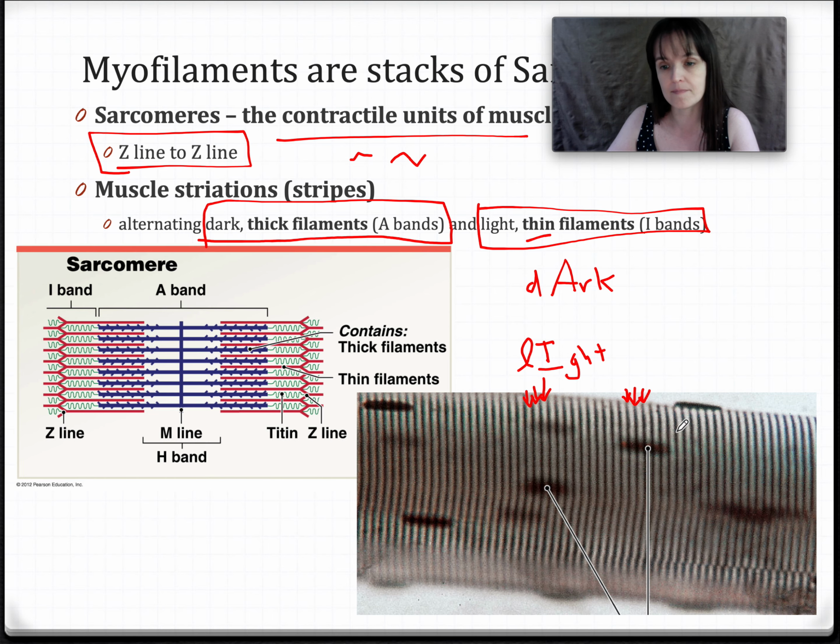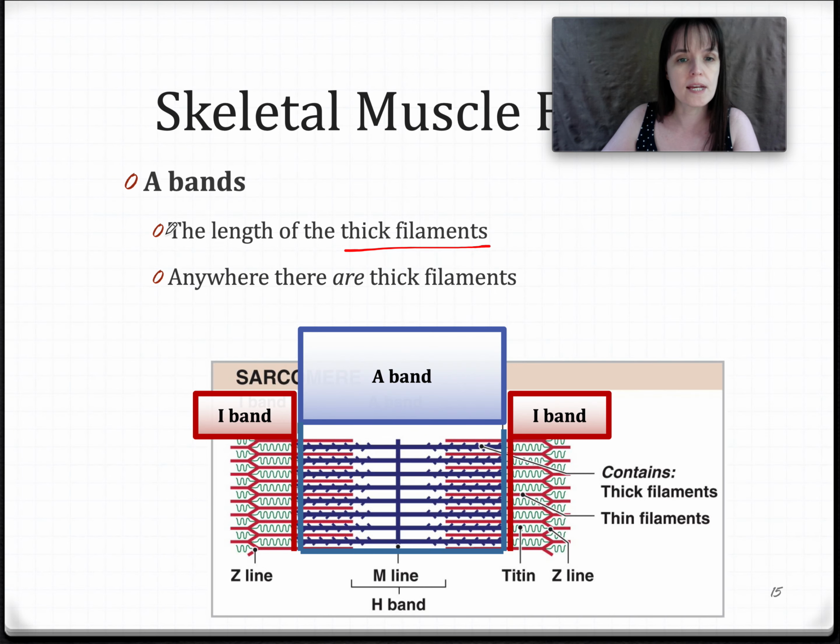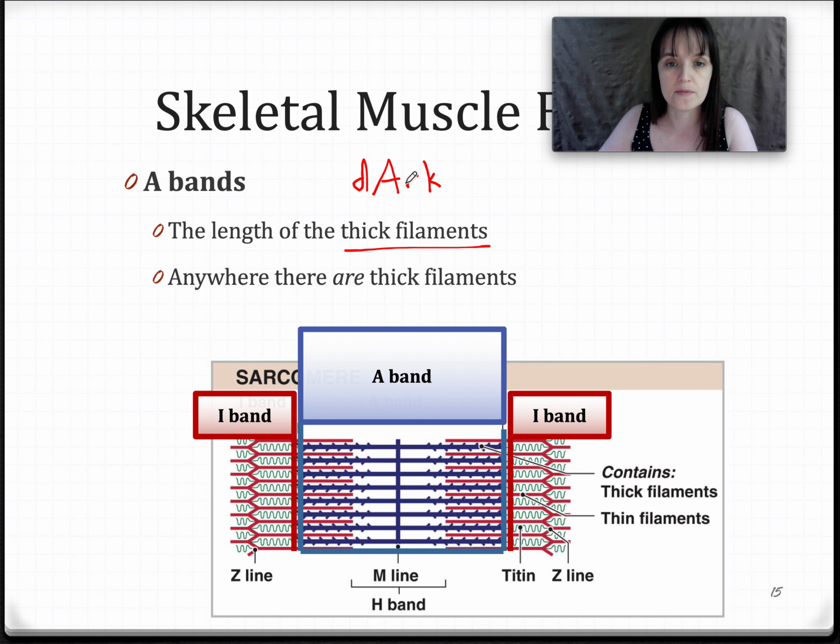They're centered the same distance as the thick filaments. So the A bands are the length of the thick filaments because they're thicker and darker. Anywhere there are thick filaments is the A band, and it is dark, as we've said.